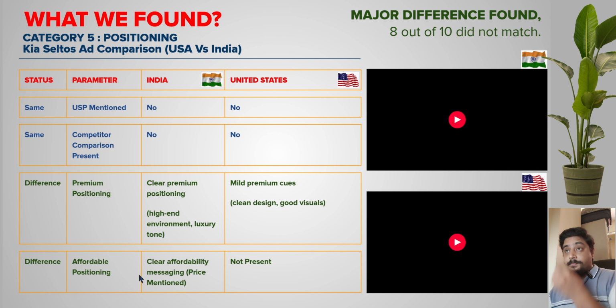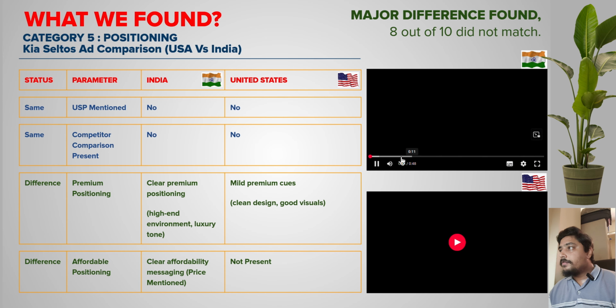And in India affordability positioning was shown, but in the United States it was not present, because they did not mention any kind of price or offer or discount in the ad. But in the Indian ad they have shown the price of the product, as you can see at the end.